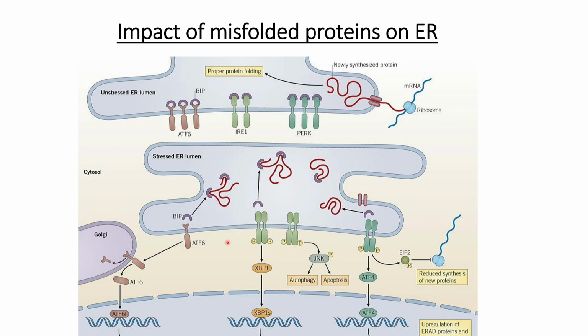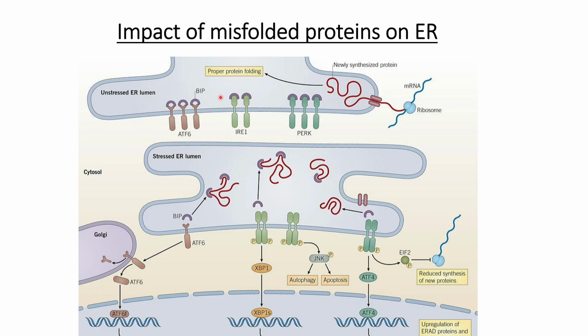Now, what is this unfolded protein response? When the endoplasmic reticulum is working properly, the proteins are folding normally. We have these transmembrane proteins in the endoplasmic reticulum: ATF6, IRE1, and PERK. They all bind to one particular protein, mentioned here as BIP, also called GRP78.